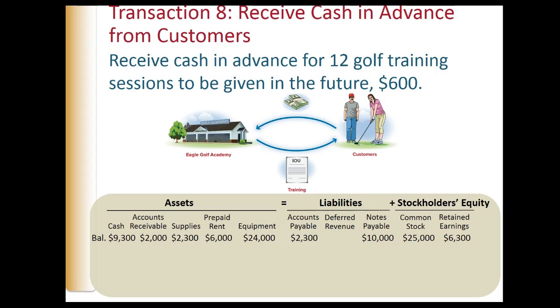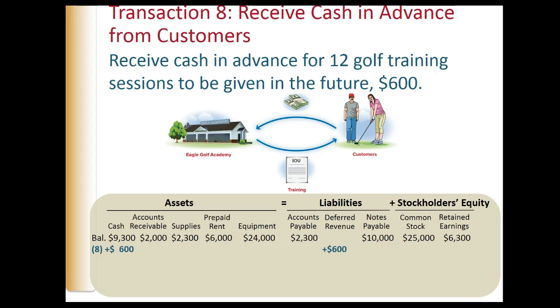Instead, the advance payment that the customer gave creates an obligation for the company to perform these services in the future. And this future obligation is a liability or a debt that's commonly called deferred or unearned revenue.